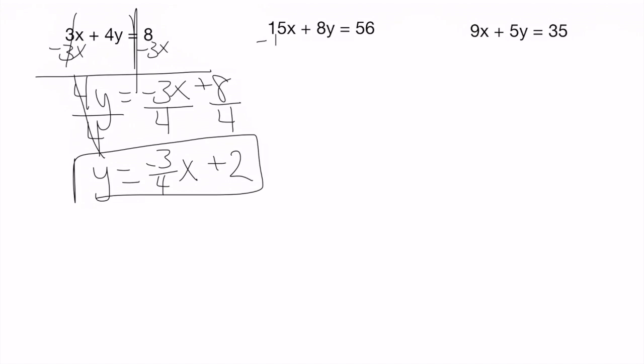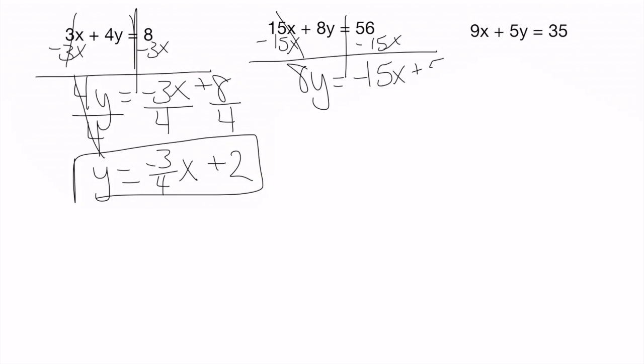So we're going to go ahead and subtract 15x on both sides. So then we're left with 8y equals -15x plus 56. Divide by 8 on both sides. So both of these pieces have to be divided by 8.